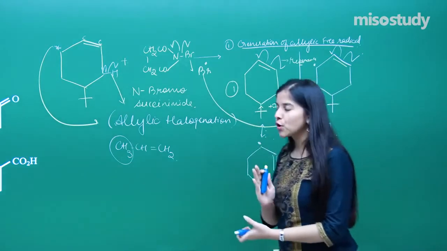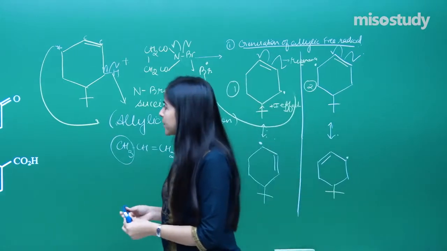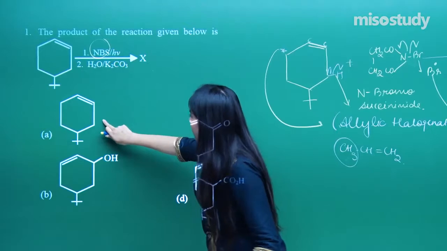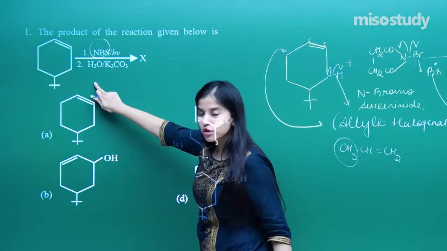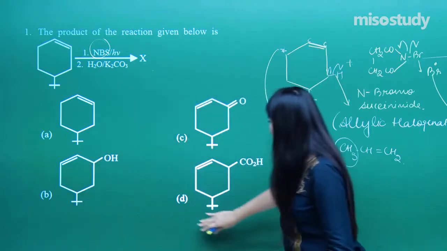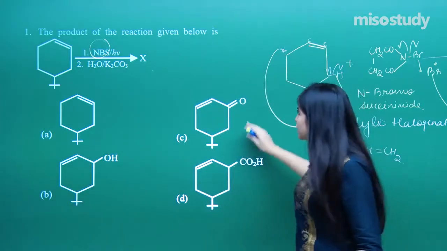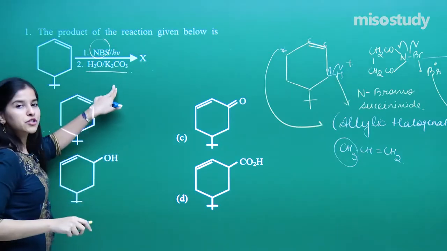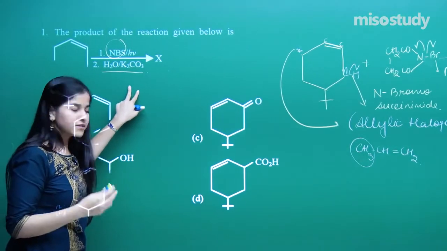So let us first observe the options we have. I have got options: having no group, having a double bond O, having OH, and having COOH. As you observe, step number 2 is nothing but hydrolysis.